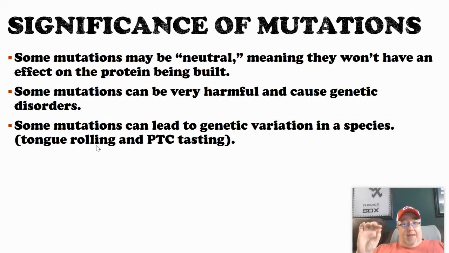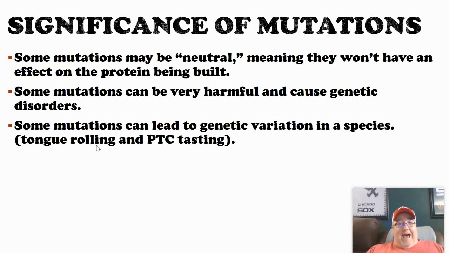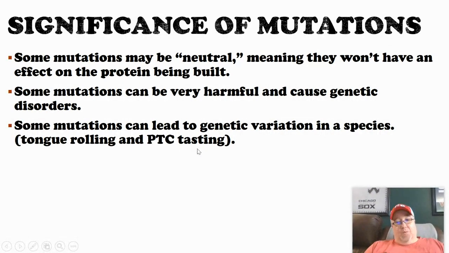If you can't do it, you also have the gene, but you have the mutated form of the gene. So if you're a non-tongue roller, if you can't roll your tongue, you actually are a mutant. You have a mutated piece of DNA that doesn't allow you to do that. It's kind of interesting.